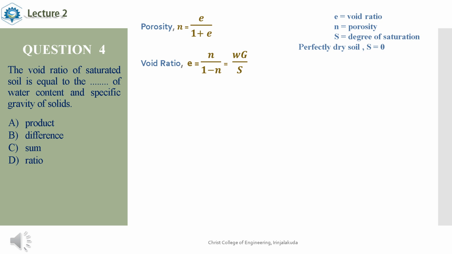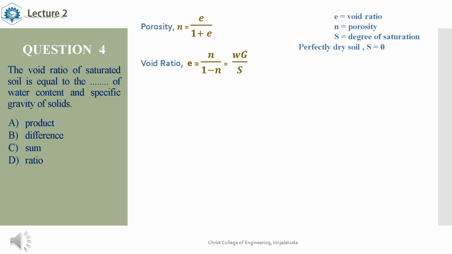In the question they have mentioned it is a saturated soil. For a saturated soil, it will be fully saturated and the degree of saturation will be 100%. If you express it as a ratio, it will be 100 by 100, that is equal to 1. So the value of S is equal to 1 for a saturated soil.